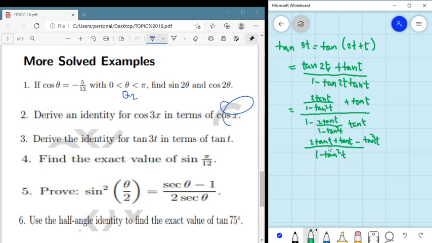Okay, tangent kani i-times na nandiya over denominator niya is 1 minus tangent squared t, divided by ani is 1 minus tangent squared t minus 2 tangent t, tangent squared t.